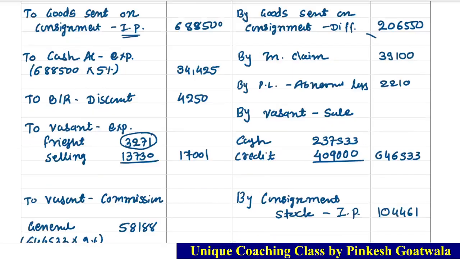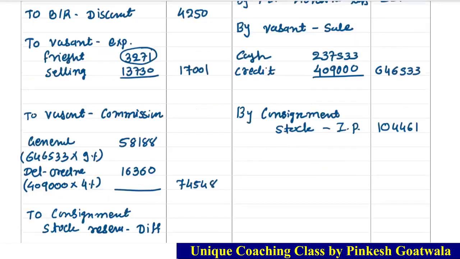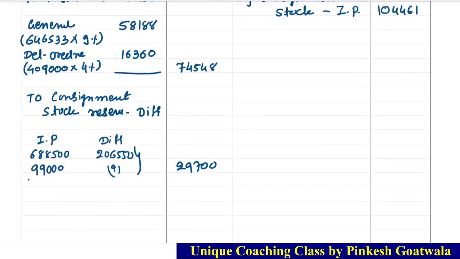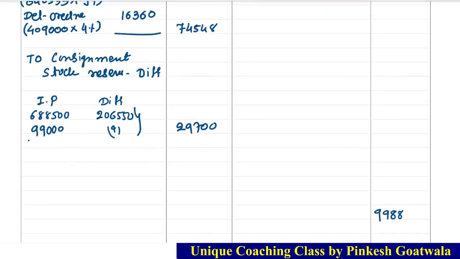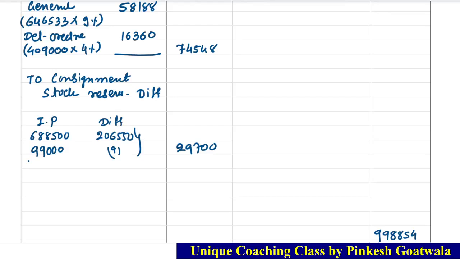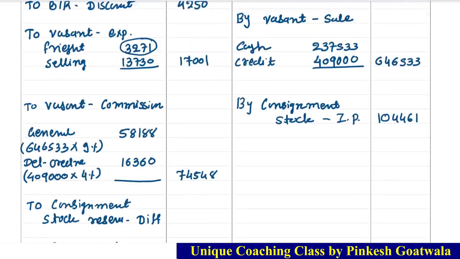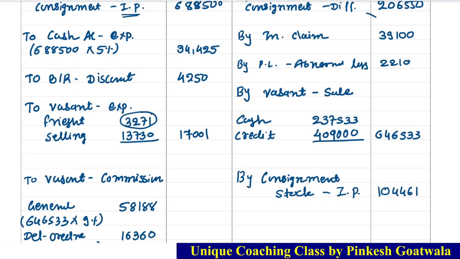So here the total comes to 998,854, less the items 297,007, 4548, 70,001, 4250, 34425, 68850.